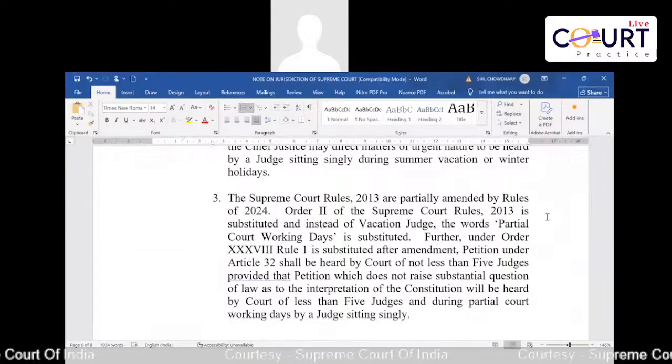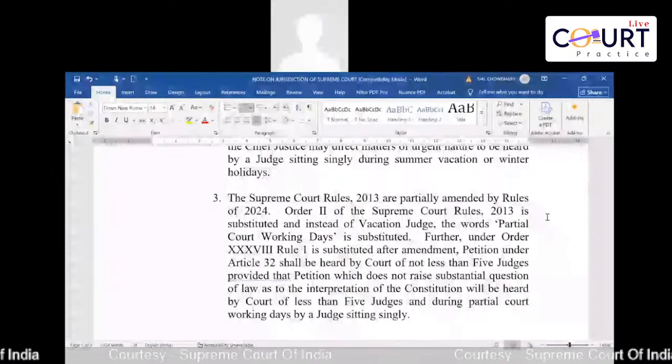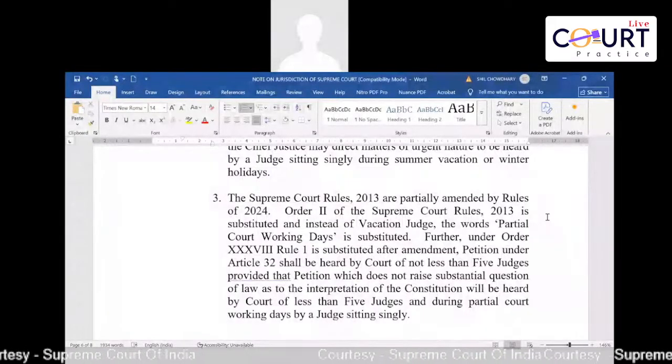Now, a petition under Article 32 will be heard by a court of not less than 5 judges, provided that the petition does not raise a substantial question of law as to interpretation of the Constitution. In that case, it will be heard by a court of less than 5 judges, and during partial court working days by a judge sitting singly.